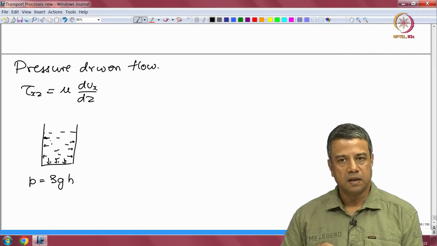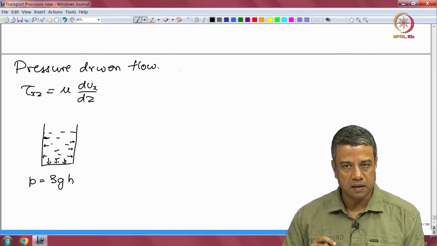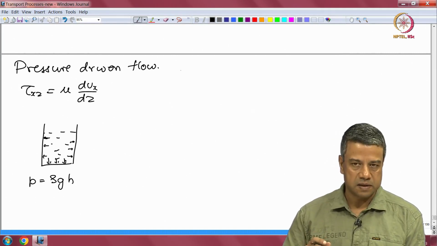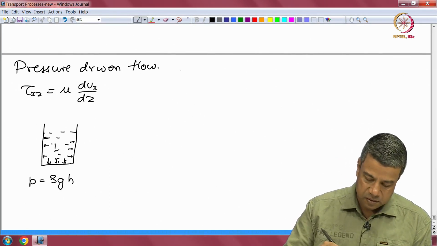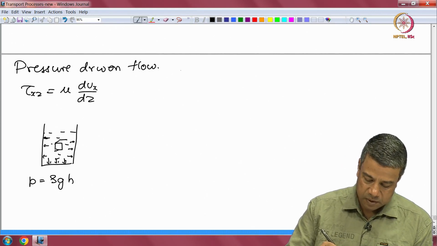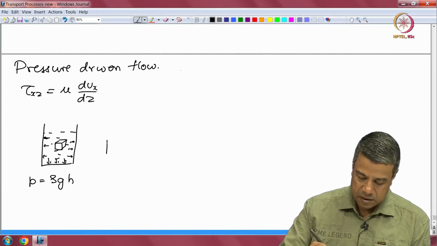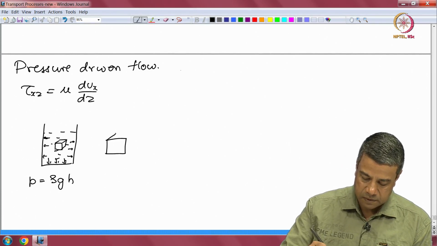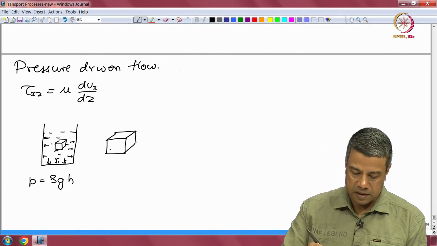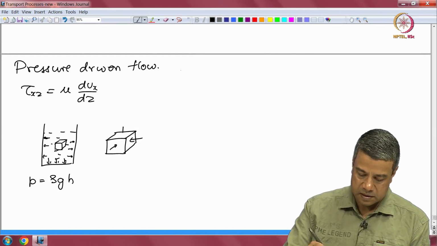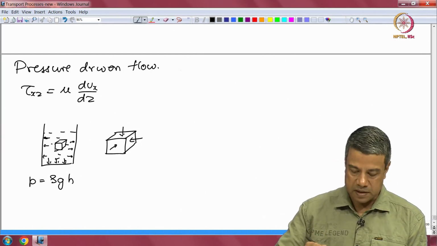It tends to act perpendicular to the surface. The pressure also acts on a differential volume within the fluid. Within this fluid, the pressure acts along the compressional axis. It tends to compress the volume.